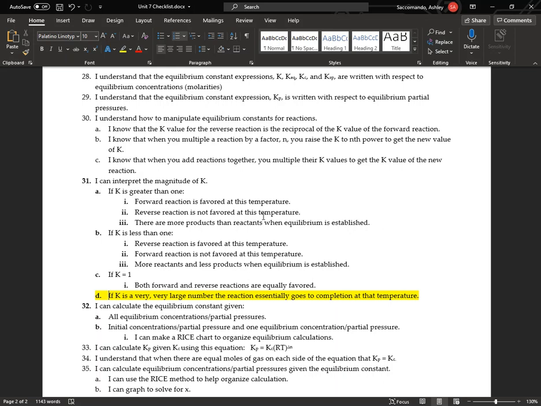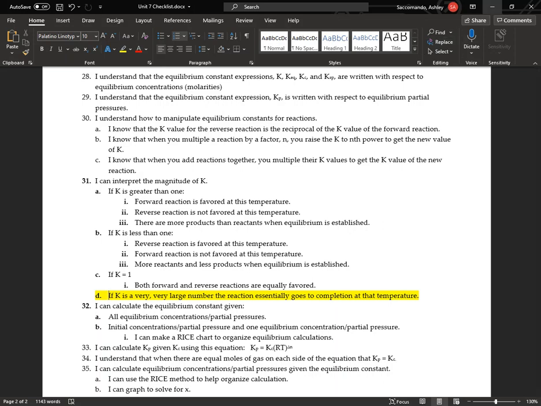Keq is just the equilibrium constant for a regular equilibrium system. Ksp is just the equilibrium constant for solution dissolutions. Remember I showed you that chart on the complex ion formations.